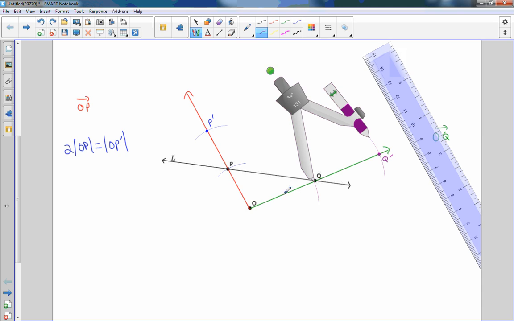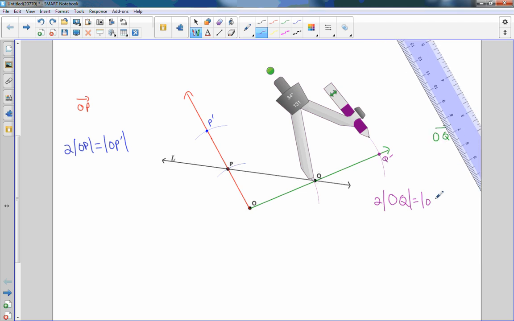OQ is this length, Q to Q prime is the same length as OQ, so the length of OQ, if I multiply it by 2, would equal the length of OQ prime. From O to Q times 2 is the same as O to Q prime.